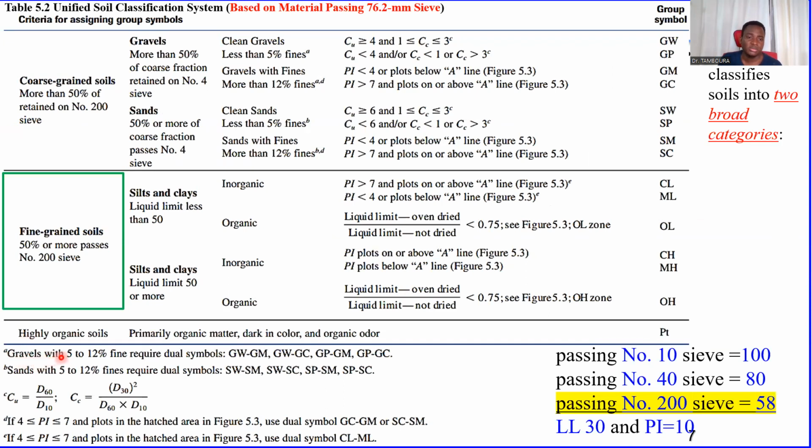See, if you have gravel or sand with 5 to 12% fine, that requires double symbol. Okay, in our case, sand and the fine are between 5 and 12 because we have 8%.